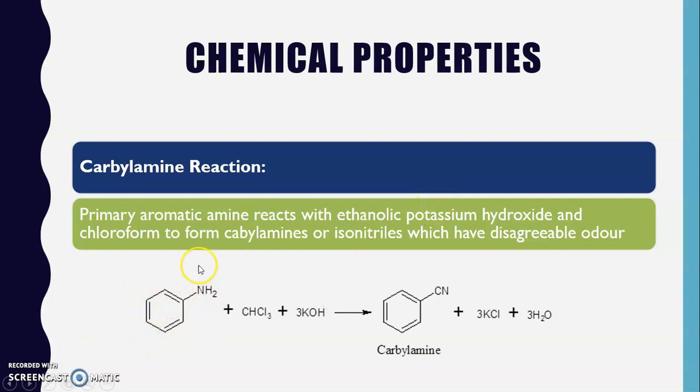When aniline is reacted with chloroform in presence of potassium hydroxide, it will be converted into the carbylamine, that is the C, and this functional group is nothing but the carbylamine, and this particular functional group has a specific odor, and that's why this particular reaction is used as a differentiation tool for primary aromatic amines, secondary amines and the tertiary aromatic amines. So this is about the carbylamine reaction. The carbylamine is just benzene and CN.